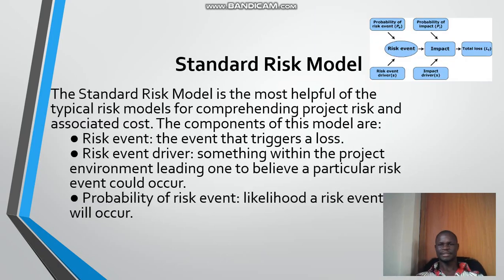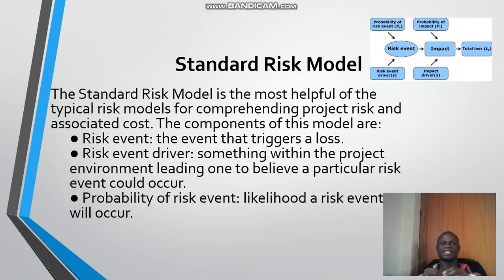What is the standard risk model? When you look at it, the standard risk model is the most helpful of all the typical risk models for comprehending project risk and associated cost. The components of this model are the risk event, the event that triggers the risk; the event driver, that particular factor which determines that the risk is going to happen.